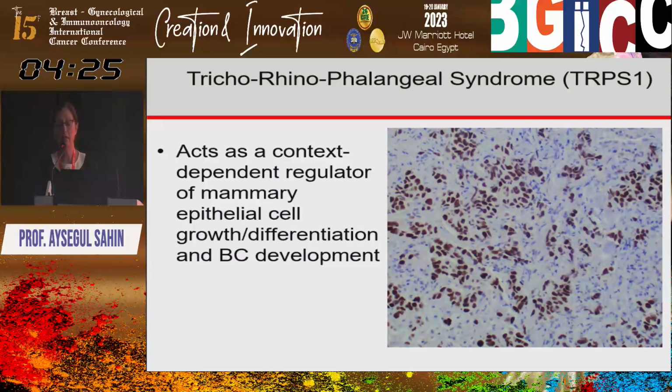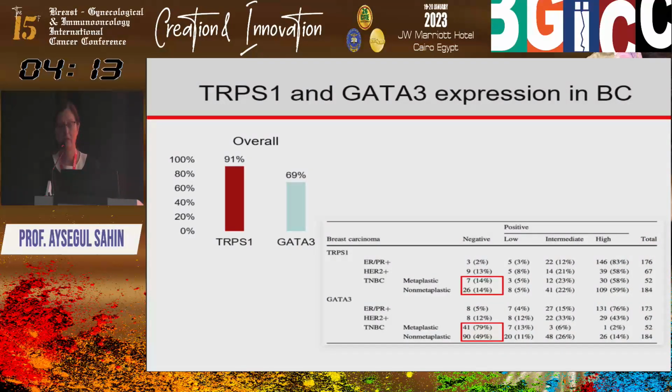And it's a nuclear staining. The antibody works beautifully, and we use this now to identify triple negative breast carcinomas in conjunction with our GATA3.